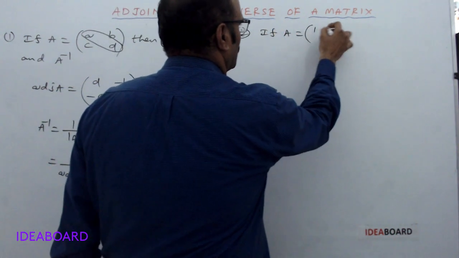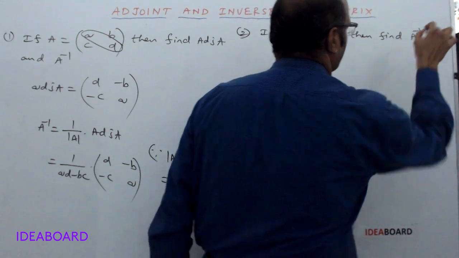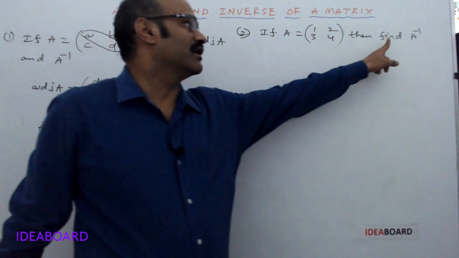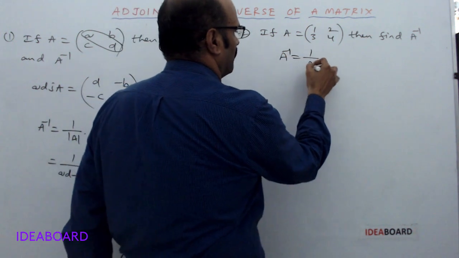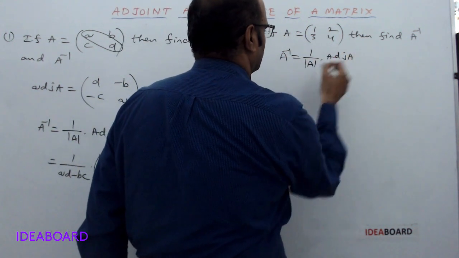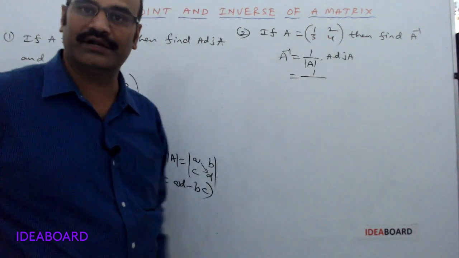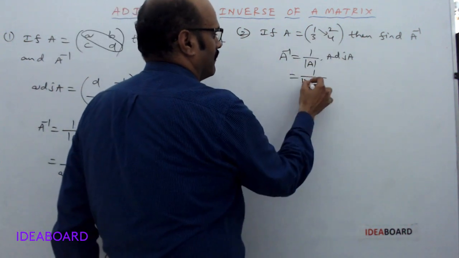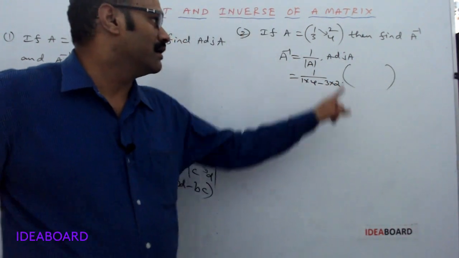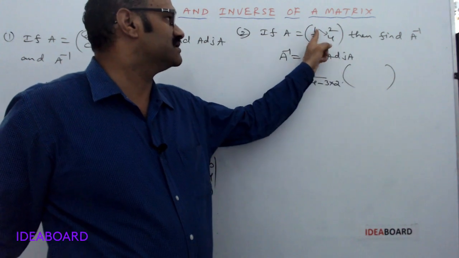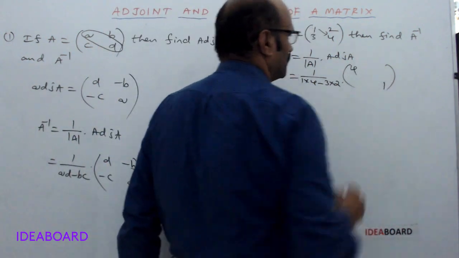If A equal to 1, 2, 3, 4, then find A inverse. You can find A inverse directly here. A inverse equal to 1 by det A into adjoint of A. 1 by det A means the product of diagonal elements 1 into 4 minus 3 into 2, into adjoint of A. Adjoint of A means change the principal diagonal elements, 4, 1.